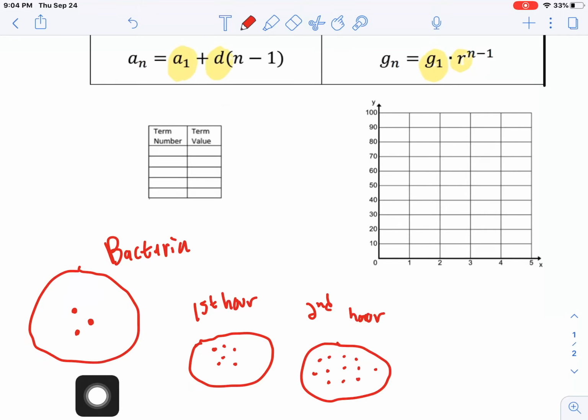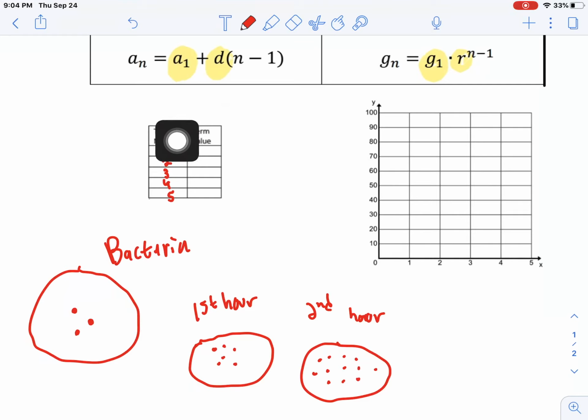The left side for term number, we always start with the first term, and we just go by ones. So we want to look at the first term, then the second term, and so on. In this case, for the first term of the situation, we need to think about what happened after the first hour.